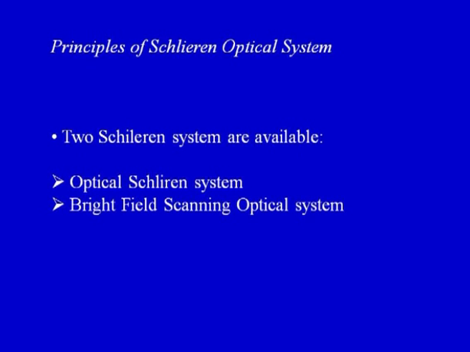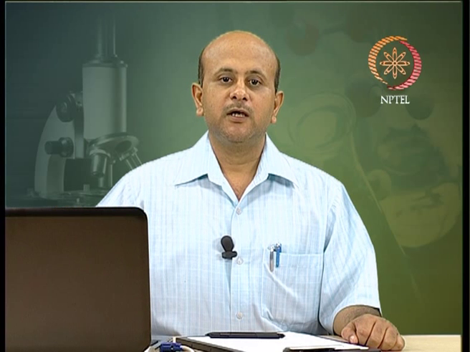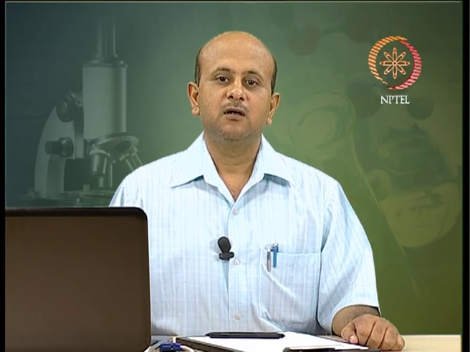So, two Schlieren systems are available, one is the optical Schlieren system called OSS or bright field scanning optical system. In the first one, the optical Schlieren system, the deviated light is passed through an inclined Schlieren diaphragm and a cylindrical lens, as I have shown you.